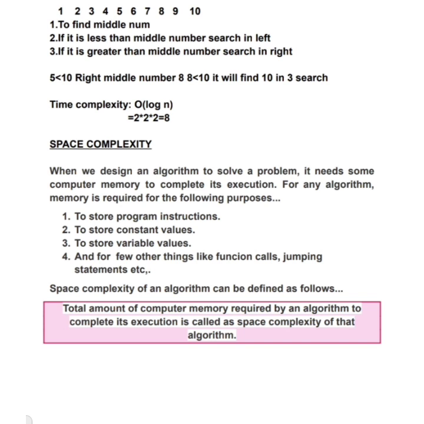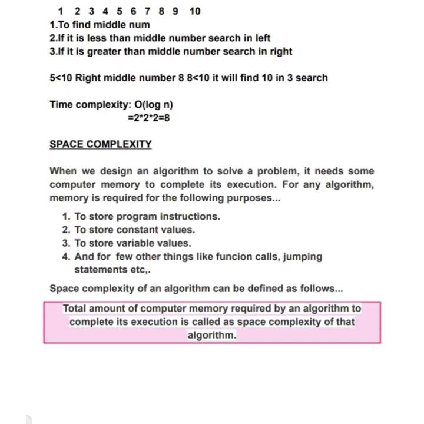In the right side, the middle number is 8. 8 is less than 10. In the third search, it will find the element 10. By using only 3 searches, we find that element, whereas in linear search we have to traverse 9 times. So only we use binary search.